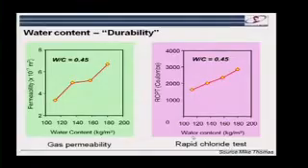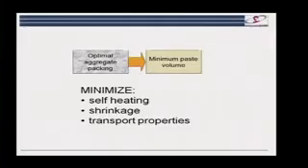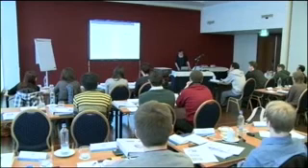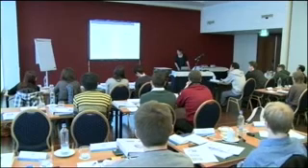And you see both of these things scale with the total amount of water. The total amount of water is a combination of the water-cement ratio of the paste, but then the amount of the paste, which is brought about by this aggregate grading. So you see in these two examples here, the ratio of water to cement in the paste fraction was actually constant. And it's just the amount of cement paste that has been changed by having a better aggregate grading.